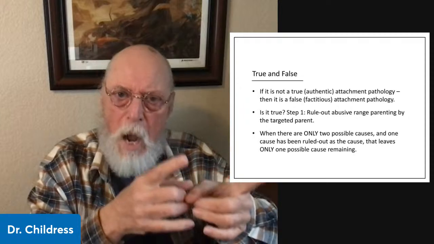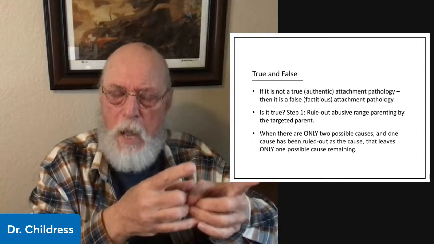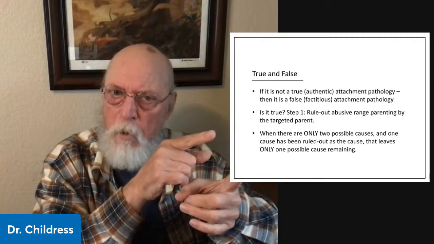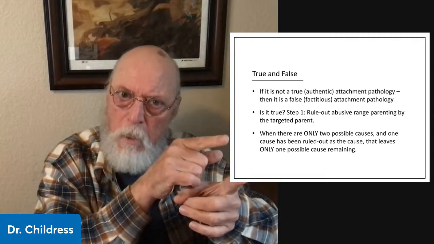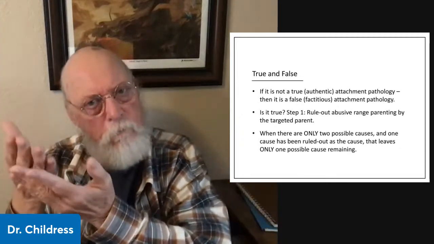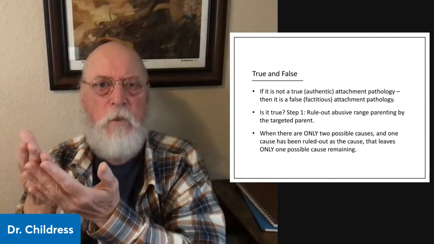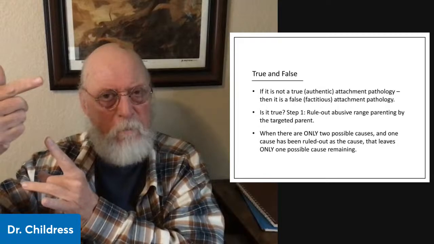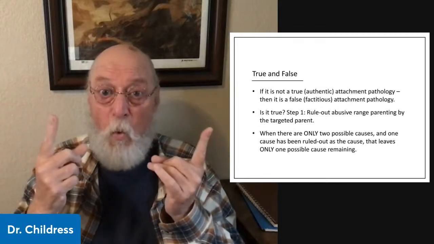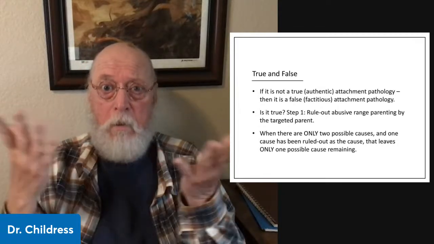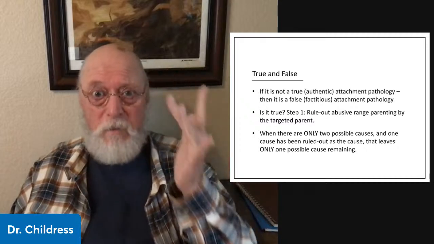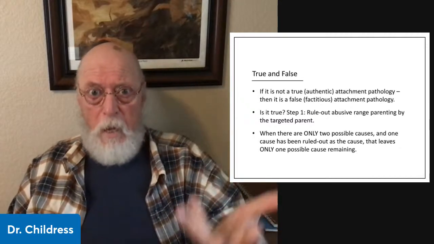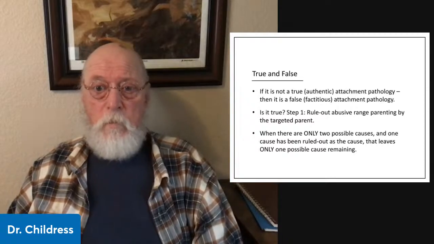If it is not an authentic attachment pathology caused by abusive range parenting by the targeted parent, if so, identify it, then it is a false attachment pathology imposed on the child by the parenting of the allied parent, because it's one or the other. Okay, that's logic. That's diagnosis, and then you apply the diagnostic criteria to the family.